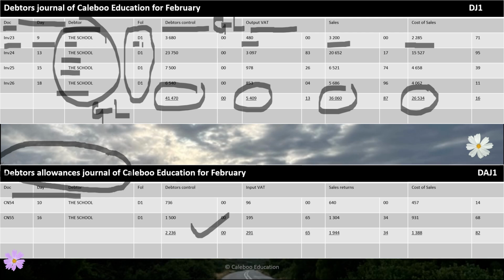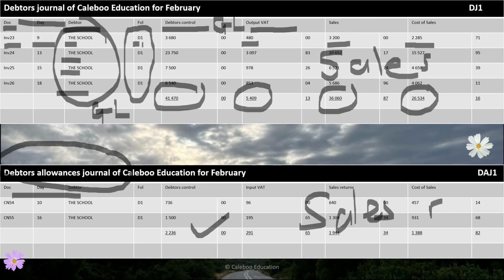Remember, you might know this journal as the sales journal and this journal as the sales returns journal, but the debtors journal records credit sales and the allowance journal records returns. We're going to look at the debtors journal as I've mentioned before.